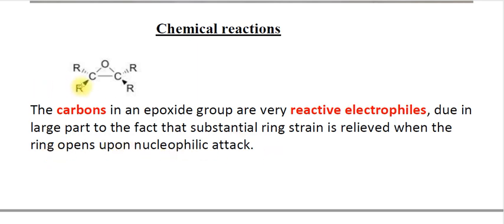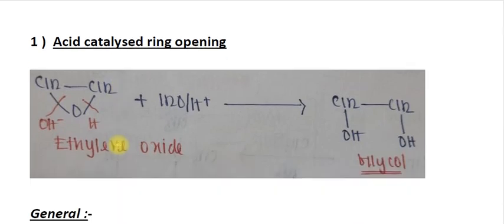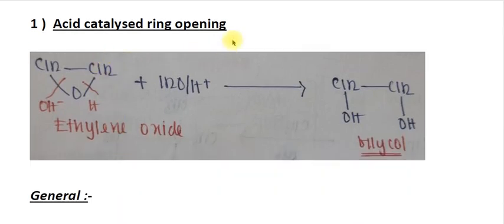In order to relieve that ring strain, the ring opens up to nucleophilic attack. Then the first chemical reaction is the acid catalyzed ring opening.